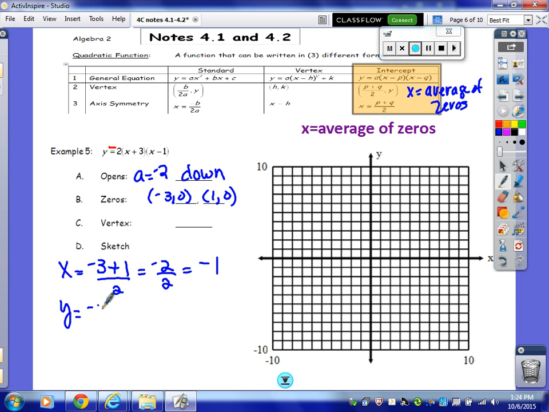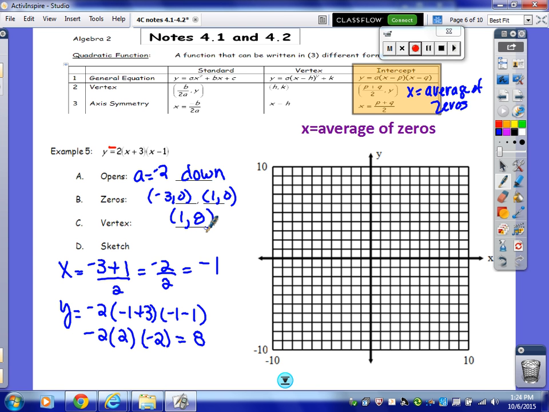So negative 2, negative 1 plus 3, and negative 1 minus 1. So negative 2 times negative 2. So positive 8. So my vertex is negative 1, 8. Okay? All right, so there's 3 points.